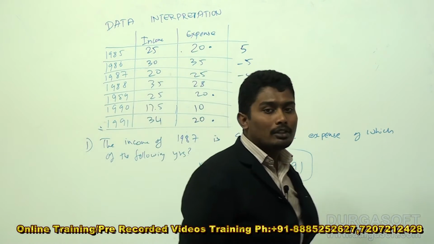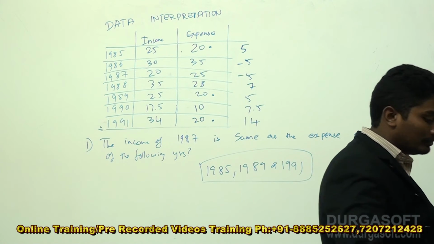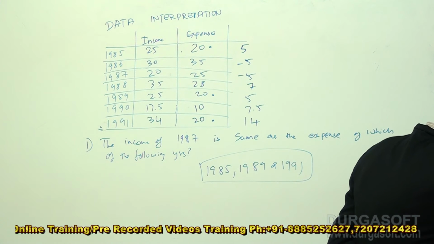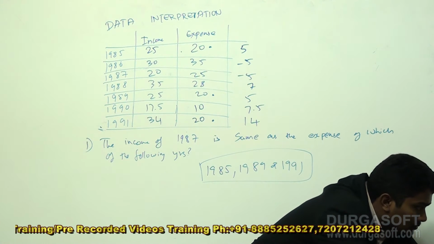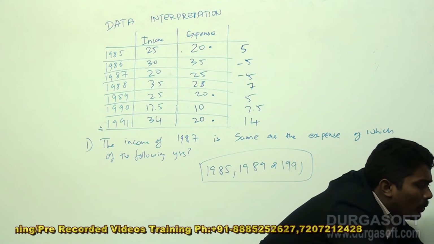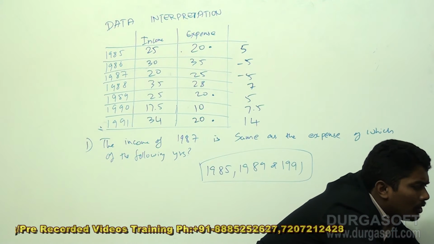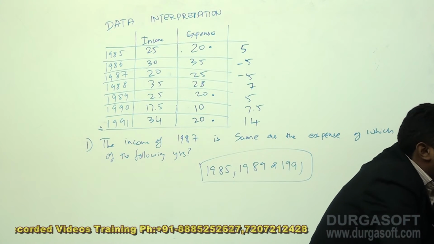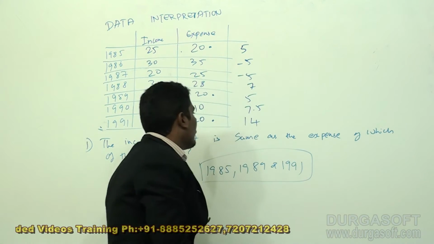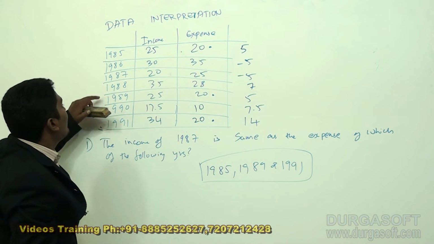Now we will move to the third question, question number 3. The third question is, what is the approximate percentage drop in expense from 88 to 89?